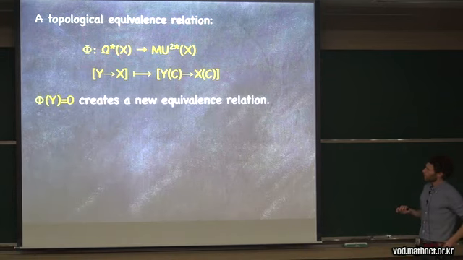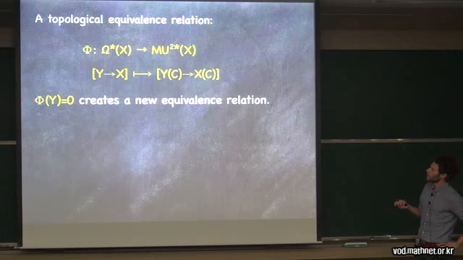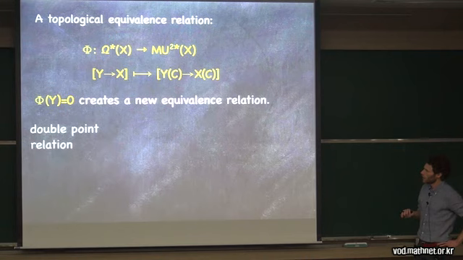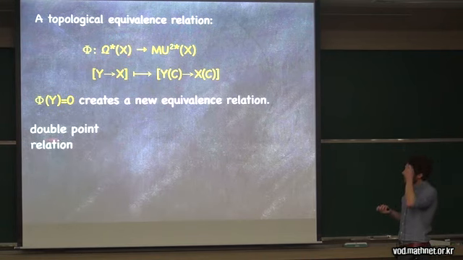What this tells us is, first of all, we can also look at those y that are sent to 0 under this map, which defines a new equivalence relation. To define omega, we had the double point relation.